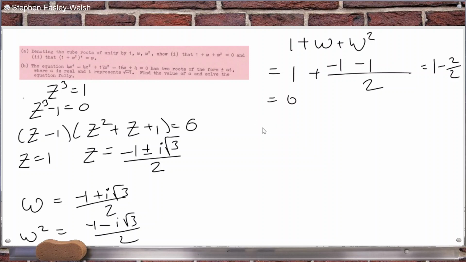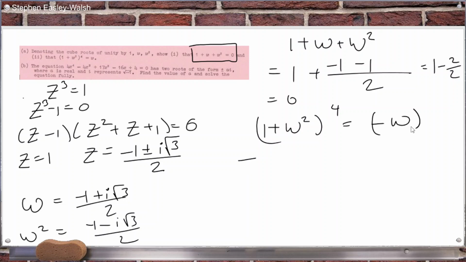And then next, you want to calculate (1 plus omega squared) to the power 4. Now remember that this is true. So that means 1 plus omega squared is equal to minus omega, to the power 4, which is equal to minus 1 to the power 4 times omega to the power 4, which equals omega to the power 4, which equals omega cubed times omega.